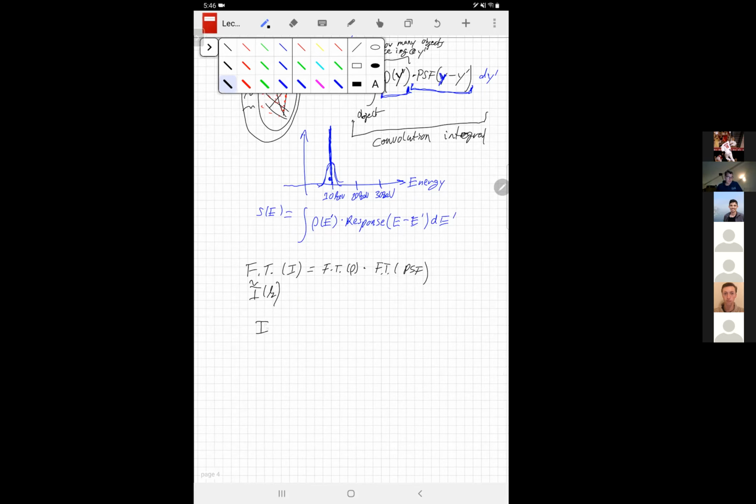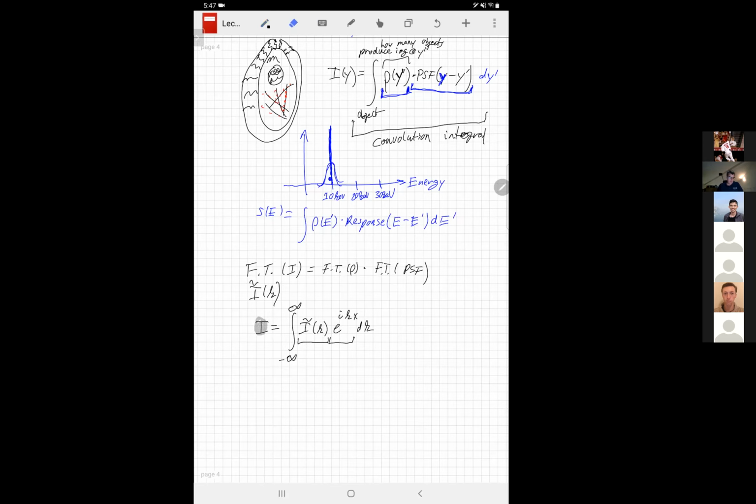That just means that the intensity is an integral or an infinite sum of a whole bunch of different sine waves, each of them of the form e to the i k x multiplied by the intensity of that particular sine wave.